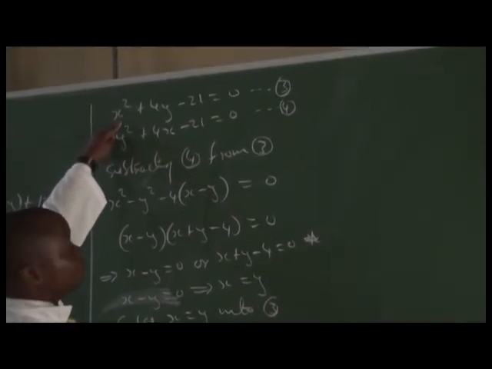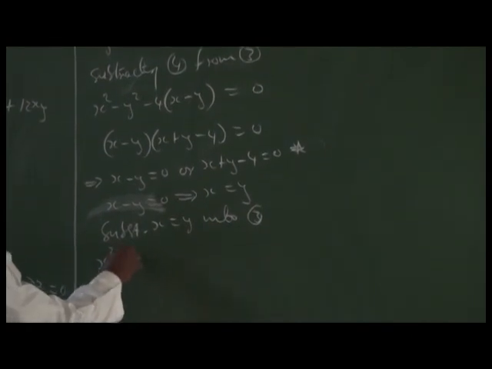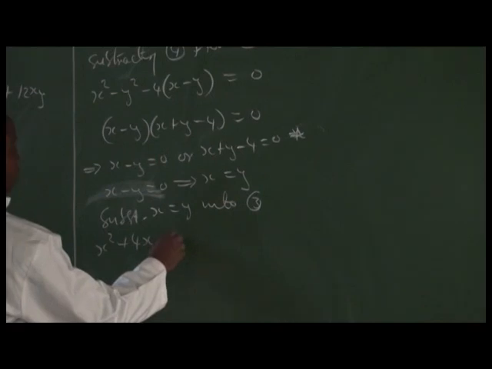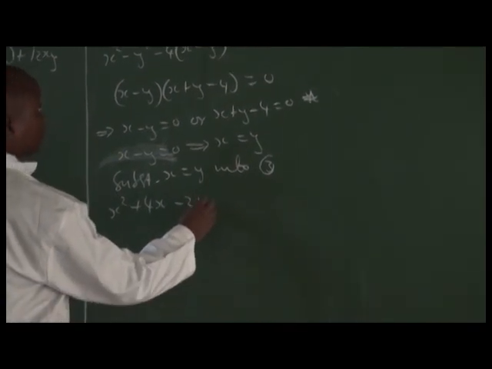So we have x squared plus 4x minus 21 equals 0. This is a quadratic, where 7 minus 3 gives me 4 by factorization, and 7 times minus 3 gives me minus 21.